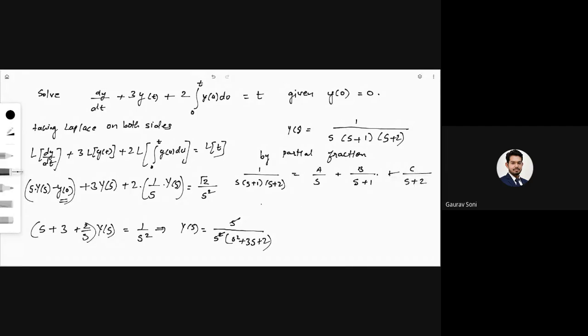So we will do the cross multiplication, and what we have is 1 is equal to a into s plus 1, s plus 2, plus b into s plus 2 into s, plus c into s plus 1.